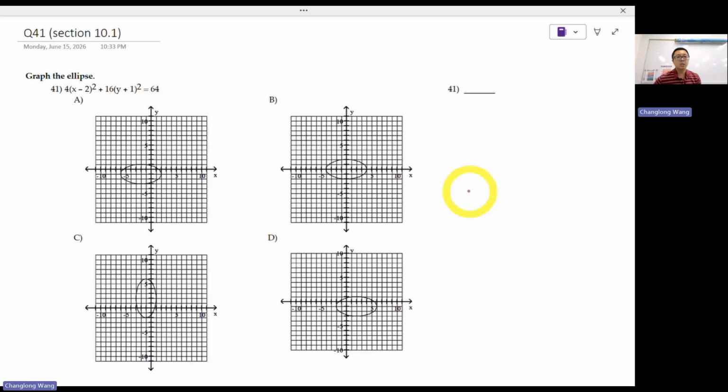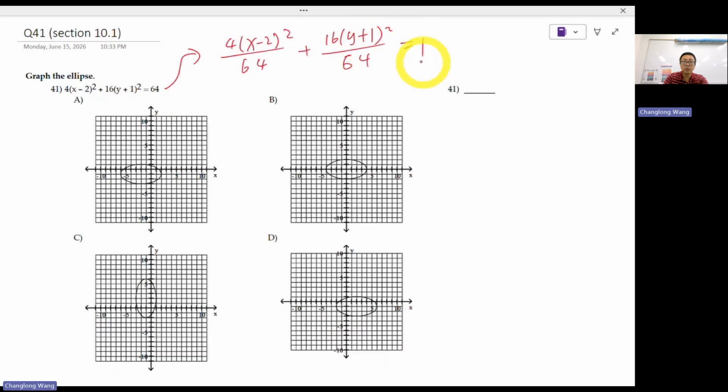now for 41, we should, of course, quickly write the equation into the standard form by dividing out the 64. So we're looking at (4x minus 2) squared over 64 plus (16y plus 1) squared over 64 equals 1, right?